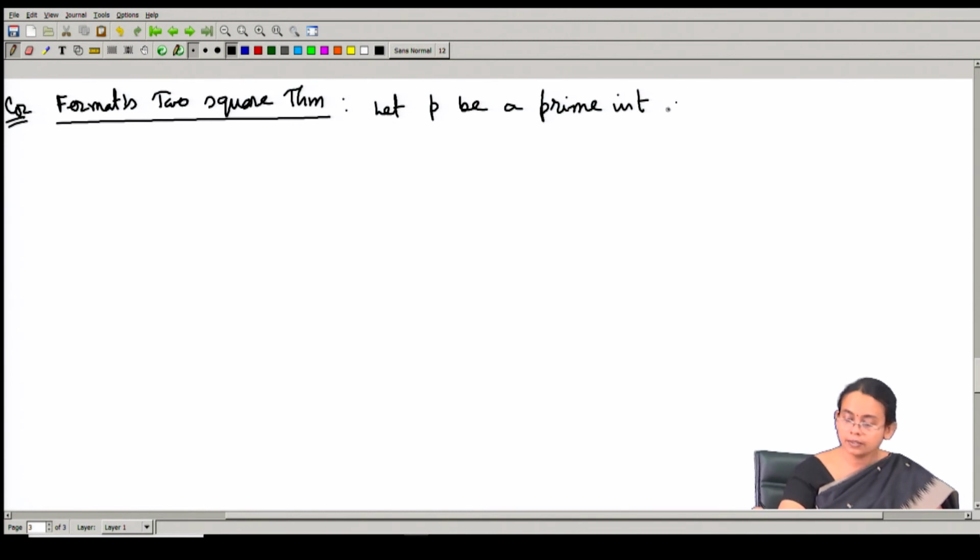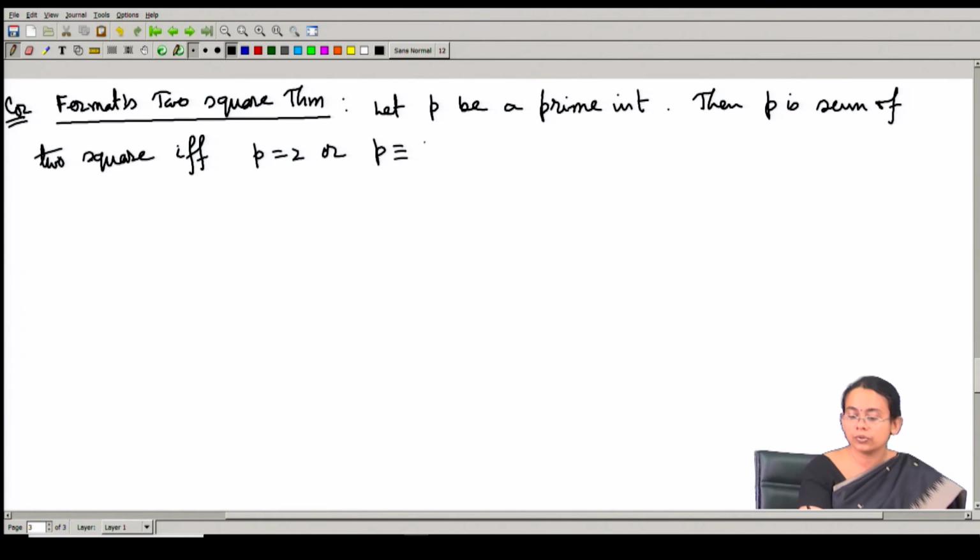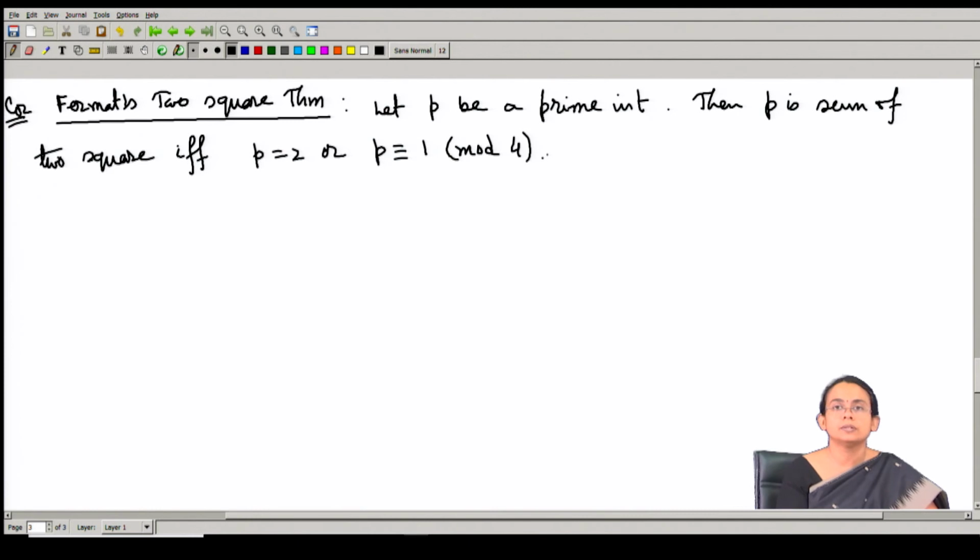Then p is a sum of two squares if and only if p equals 2 or p is congruent to 1 mod 4. The proof we have just seen in the previous proposition. This is one of the famous theorems in number theory.